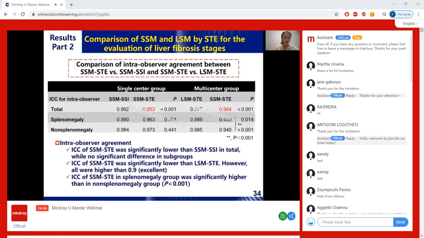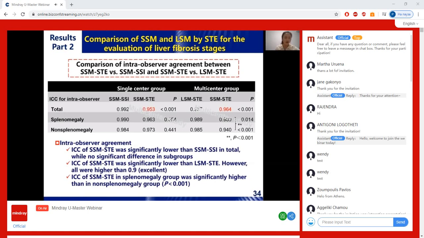For intra-observer agreement, ICC of spleen stiffness measurements by STE was significantly lower than spleen stiffness measurements by SSI in total, while no significant difference in subgroups. ICC of spleen stiffness measurements by STE was significantly lower than liver stiffness measurement by STE.